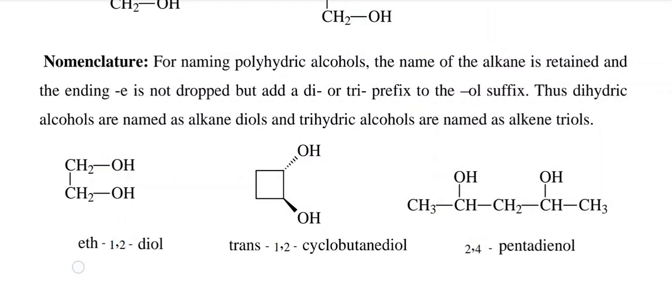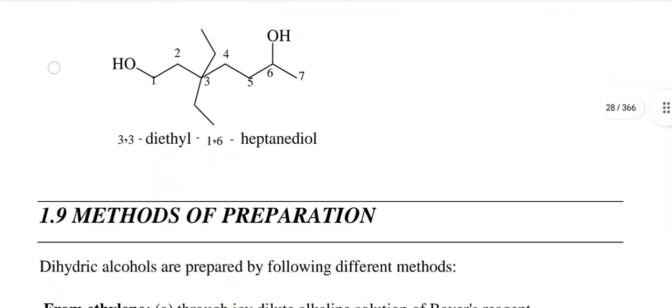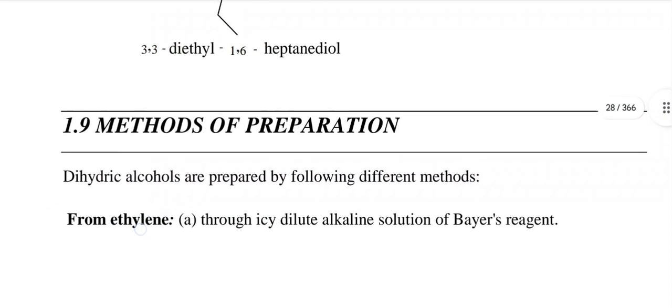Nomenclature. For naming polyhydric alcohols, the name of the alkane is retained and the ending "e" is not dropped, with the addition of di and tri prefixes to "ol." Such dihydric alcohols are named alkane diols and trihydric alcohols are named alkane triols. Method of preparation.